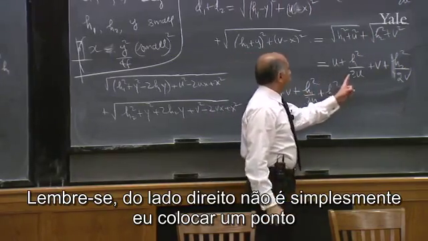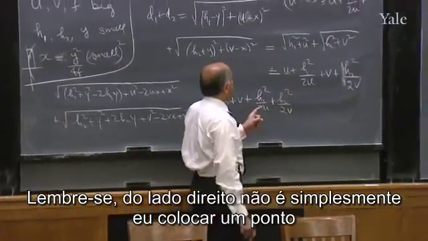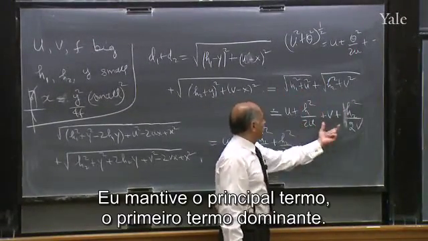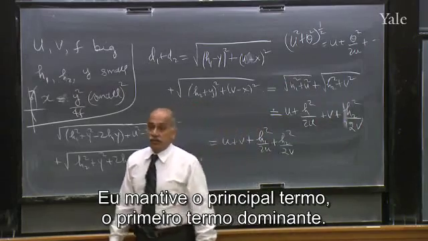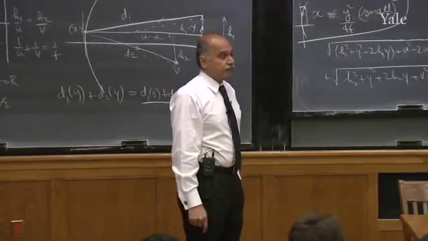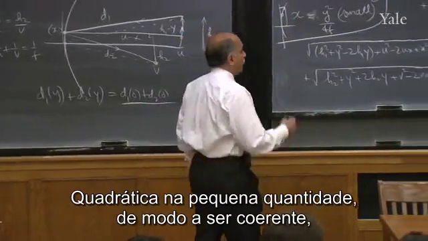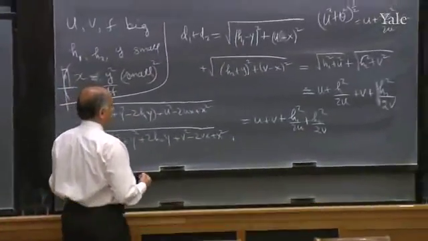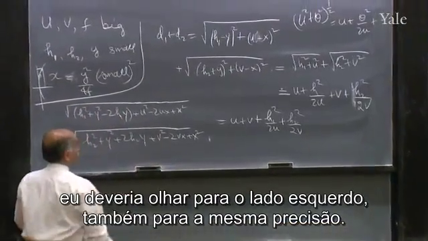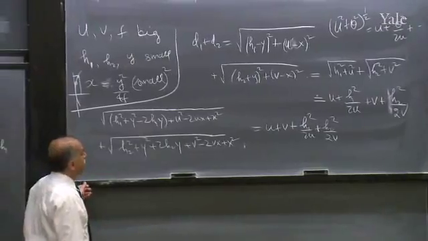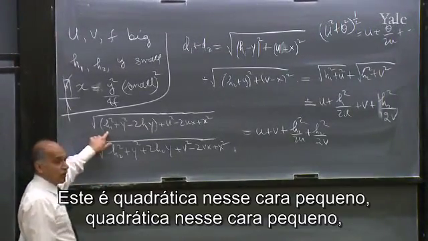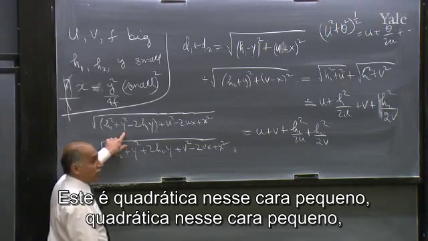Remember, the right-hand side is not really an equality. I put a dot to tell you it's an approximation. This square root goes on forever. I've kept the first leading term. The first leading term happens to be quadratic in h. Quadratic in the small quantity. So to be consistent, I should look at the left-hand side also to the same accuracy. So let's look at the left-hand side here. This is quadratic in the small guy. Quadratic in the small guy.